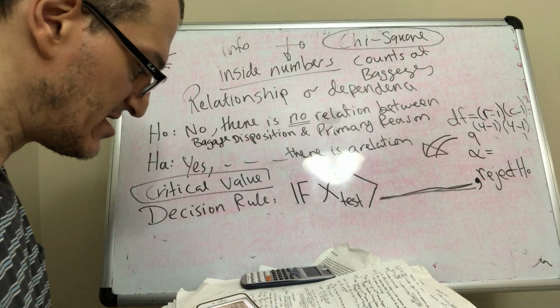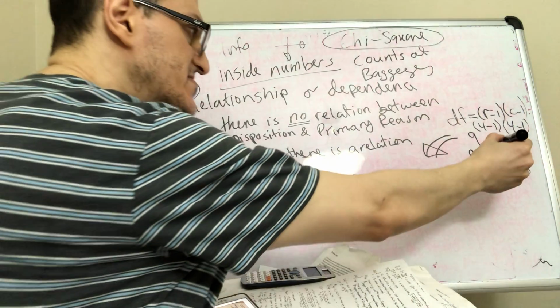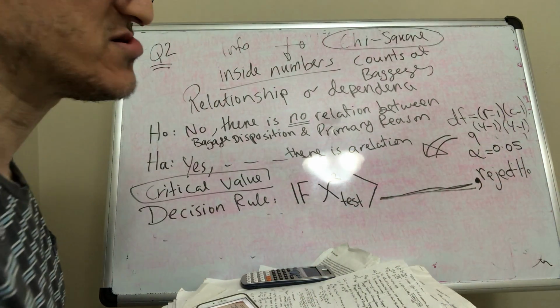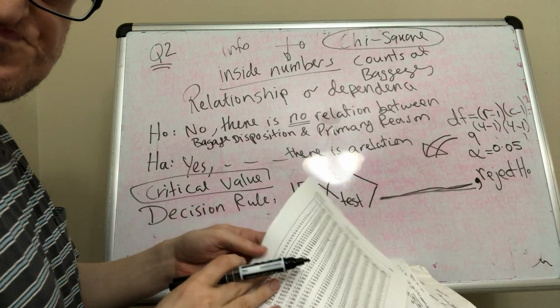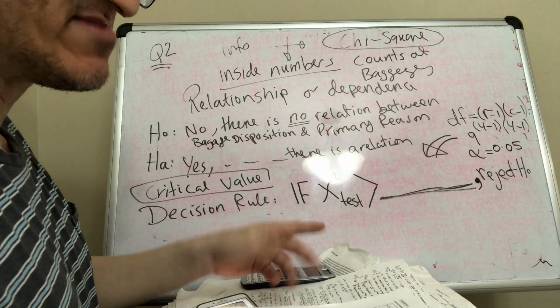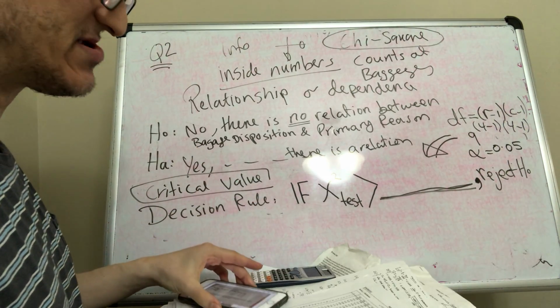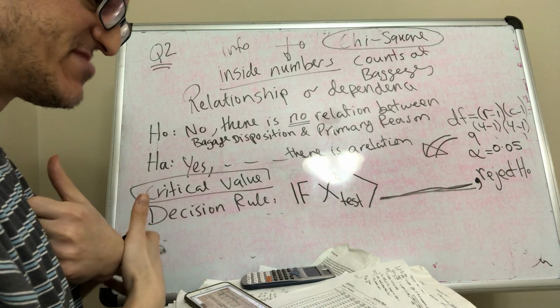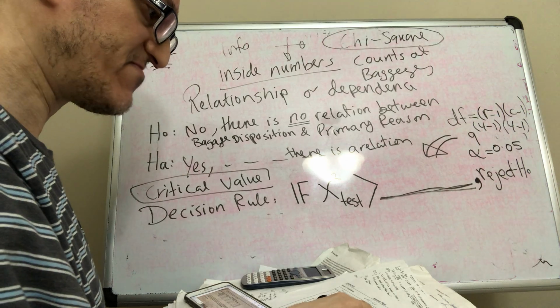Alpha, in the question they tell you at 5% level of significance, so your alpha is 0.05. You can use the chi table you have. I use this. They're all the same pretty much. You go to degrees of freedom 9 and 5%.